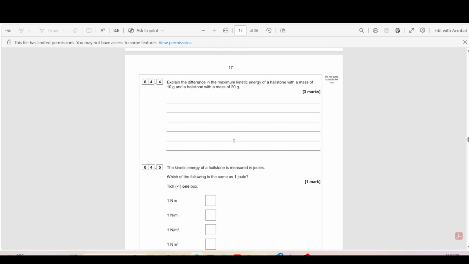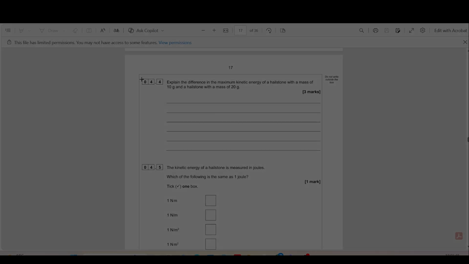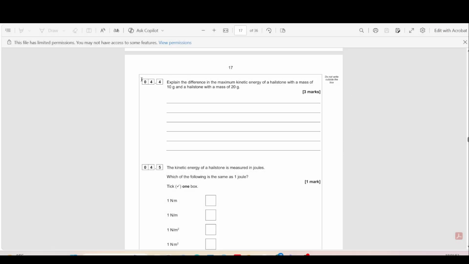Explain the difference in the maximum kinetic energy of a hailstone with a mass of 10 grams and a hailstone with a mass of 20 grams. Do I need to use the equation sheet? Kinetic energy equals 0.5 times mass times speed squared.